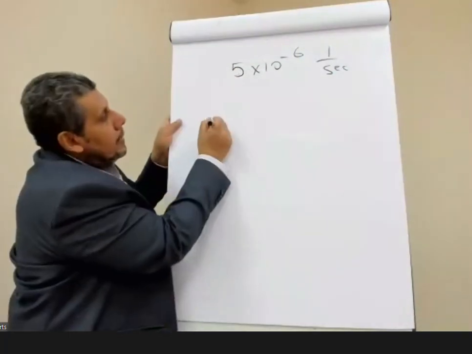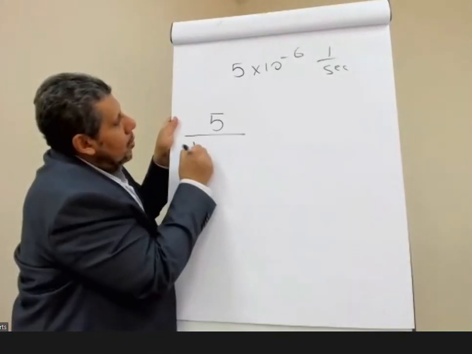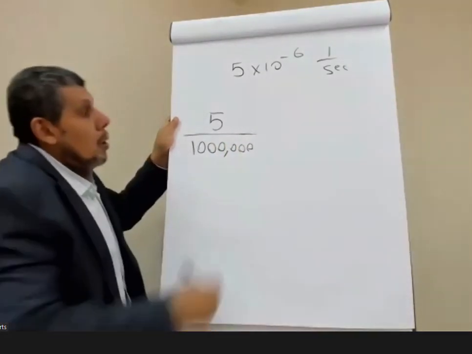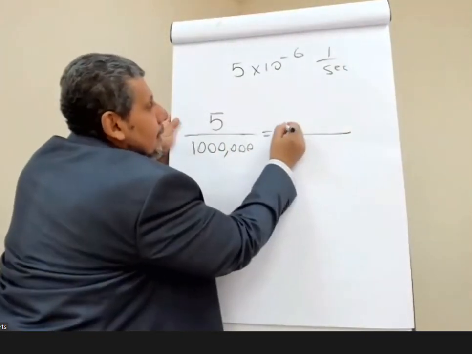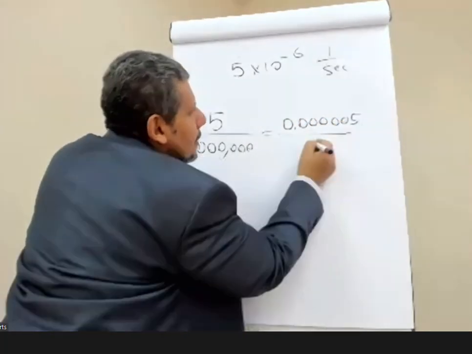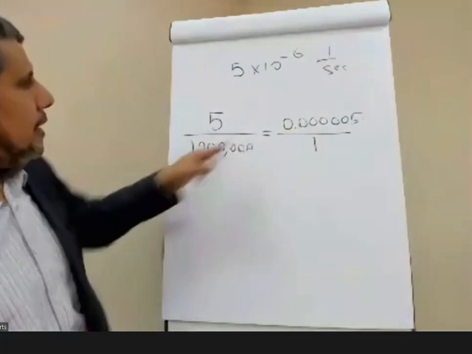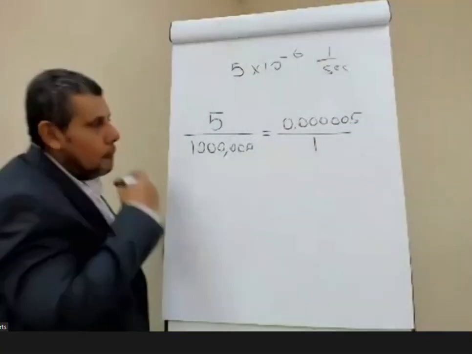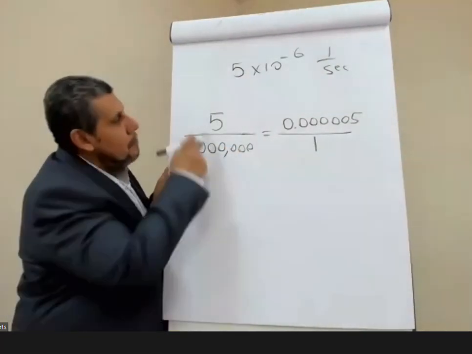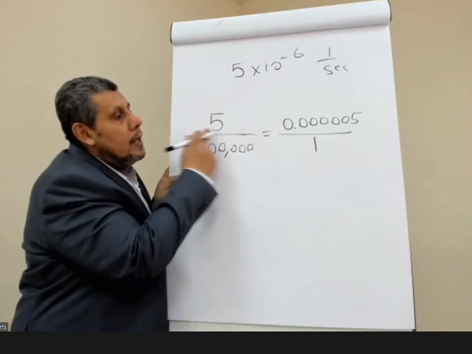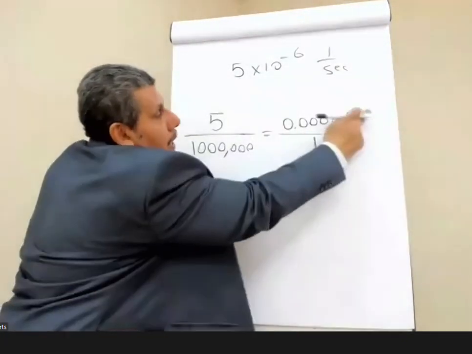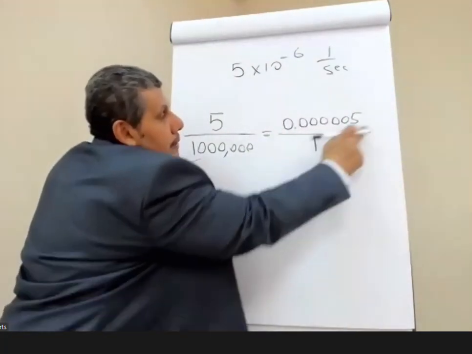I can write this as 5 over 1 million, or as 0.000005 divided by 1. The same thing. Now, 1 million atoms try, only 5 succeed to decay. Here, if 1 atom tries, this is the probability to succeed.